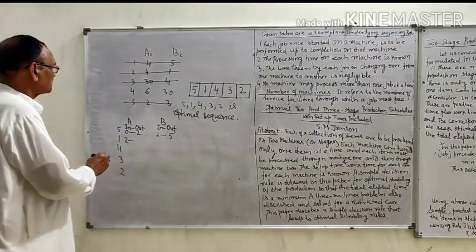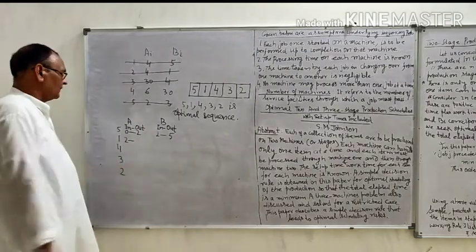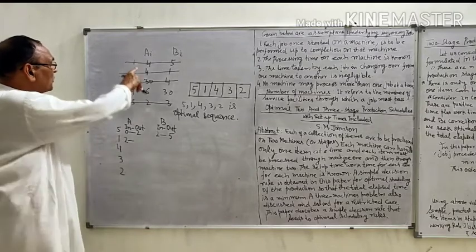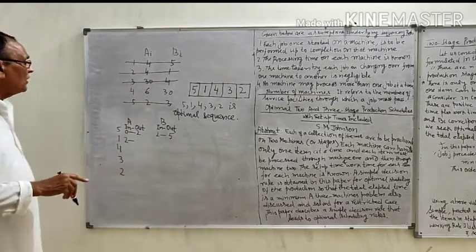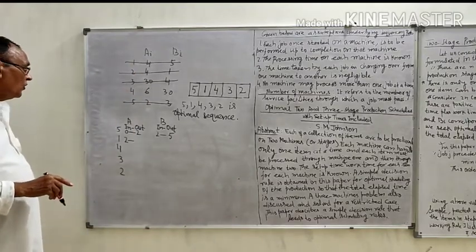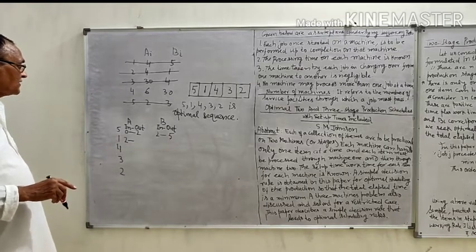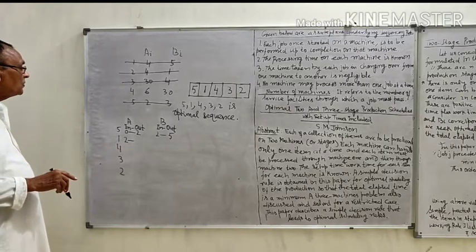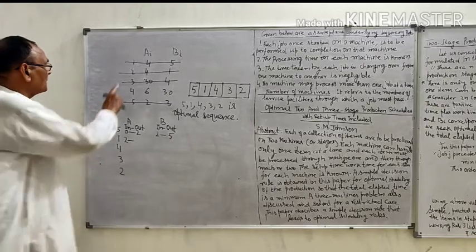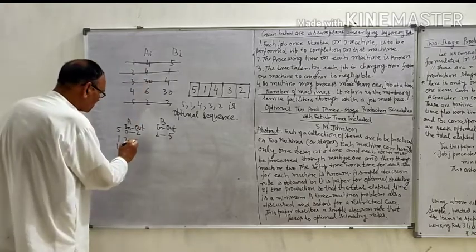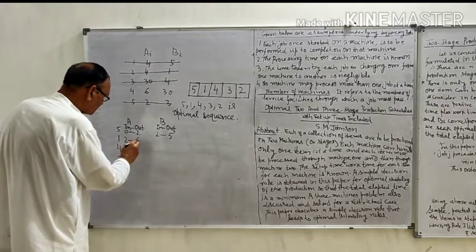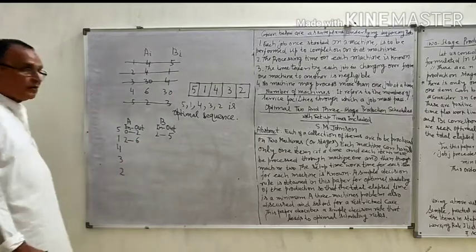And now see job number 1. What is the processing time of job number 1 on machine A? It is 4. Machine A starts to process job number 1 at 2, and it will complete at 2 plus 4, which is 6. Now you check here.